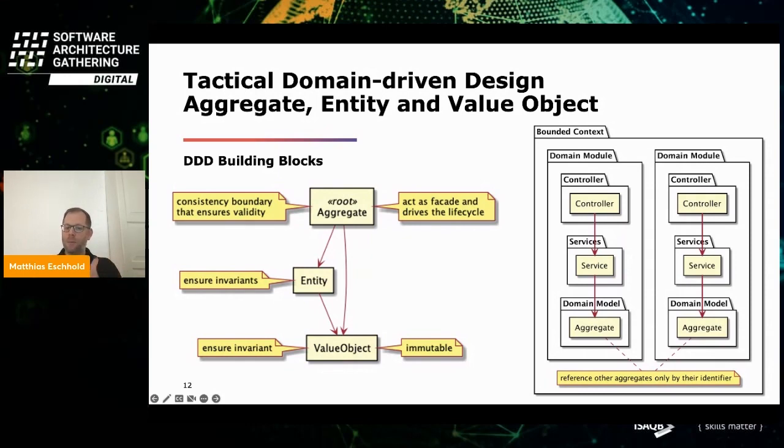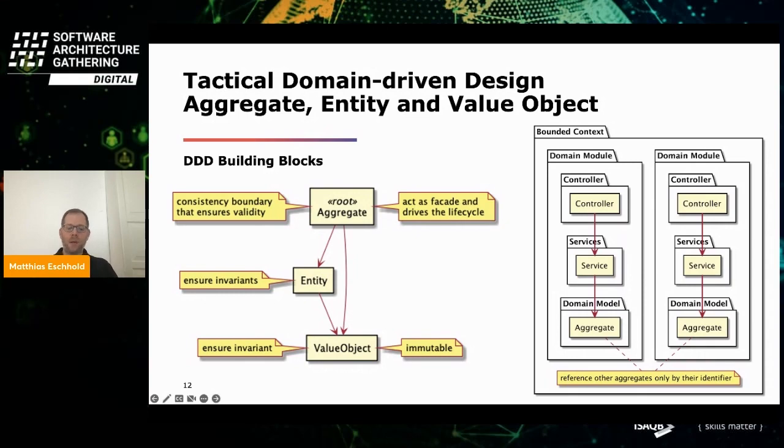The stereotypes aggregate, entity, and value object also have the responsibility to ensure the invariance, to implement business rules, to check if the created domain object is valid and react to errors.